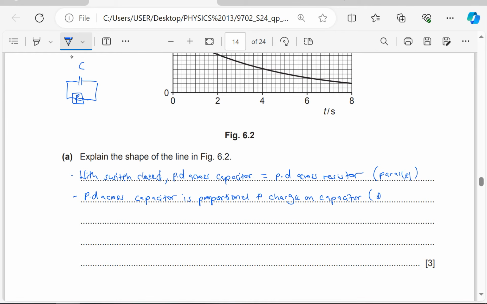I'm using Q equals C times V. And of course, the charge on the capacitor decreases.